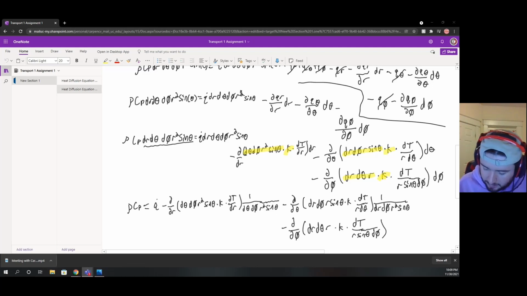And then when we divide by the volume, we get 1 over dr d theta r squared sine theta. So that's a lot, but we can cancel some things.